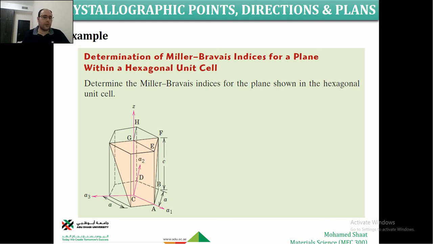So, step 0: does this plane intersect with the zero point? Remember that the zero point for this hexagonal crystal is at this center, the origin point. Does this plane intersect with this point? No. This plane is going down, it is not intersecting with point O. So we are going to skip step 0.